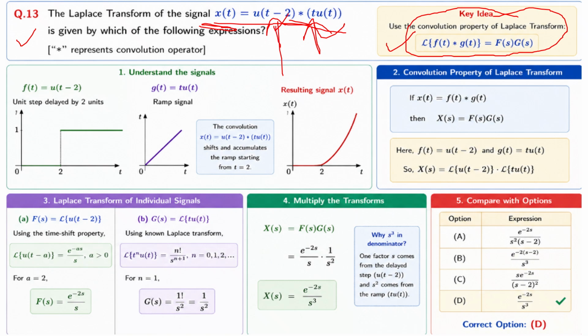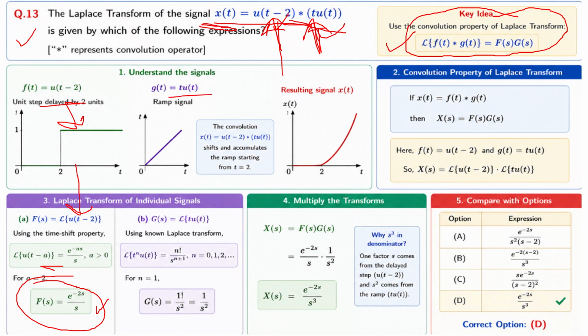So let's find this one in the frequency domain and this one in the frequency domain. How will you find it? This is u(t minus 2), and if you want to convert it into the s domain, you can use the time shifting property, and you will get the Laplace transform e to the power minus 2s by s.